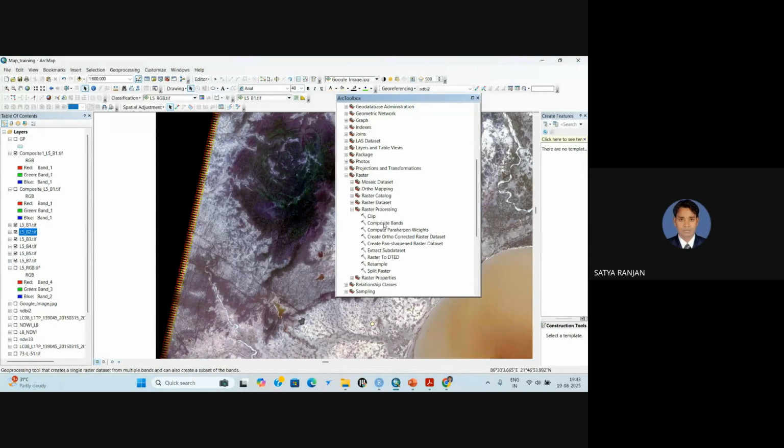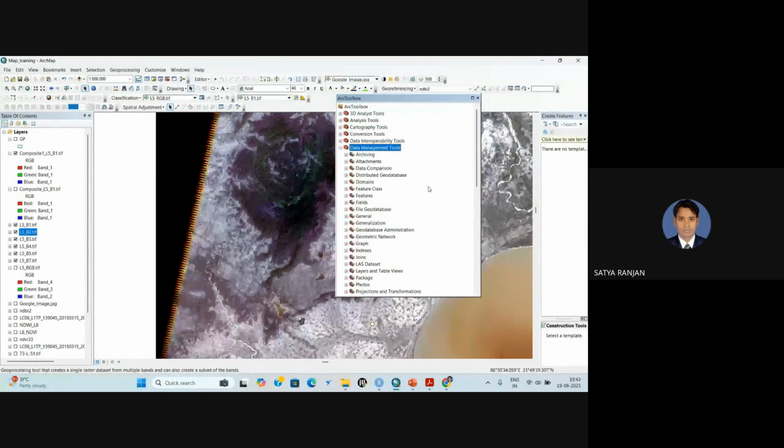Likewise, all the raster analysis is processed with the help of these raster tools. In ArcGIS, a large number of tools are there for different applications.